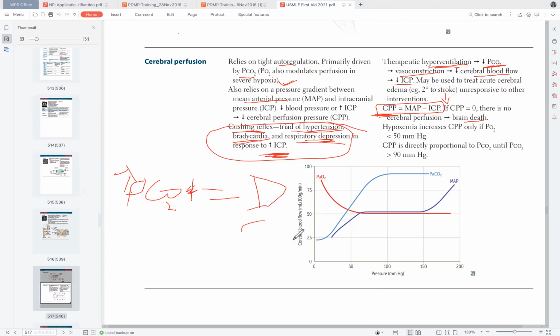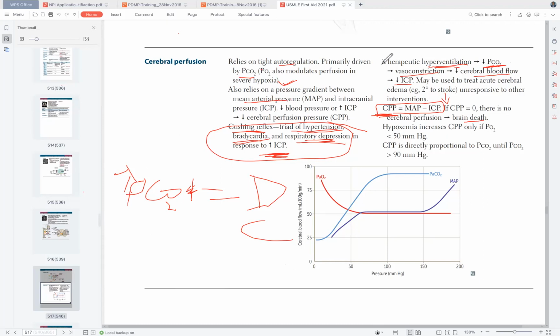Excess oxygen is also almost the opposite, right? In the lungs, yes. So decreased CO2 is causing vasoconstriction.